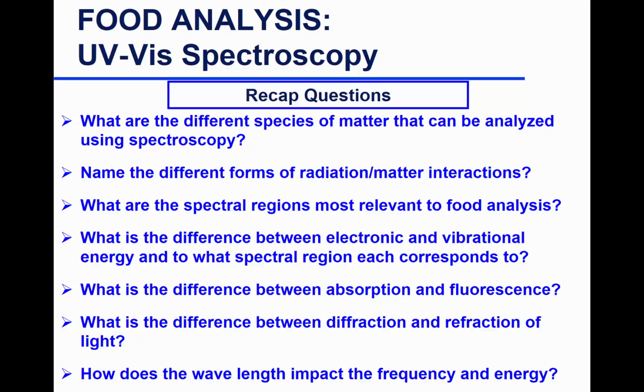Name the different forms of radiation-matter interactions. Nicole? Absorption, emission, and refraction. Very good. There are absorption, fluorescence, diffraction, refraction, scattering of light.